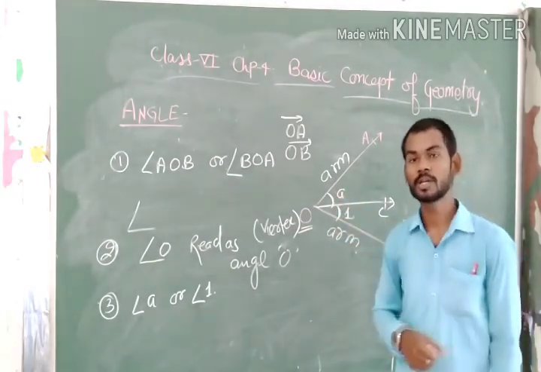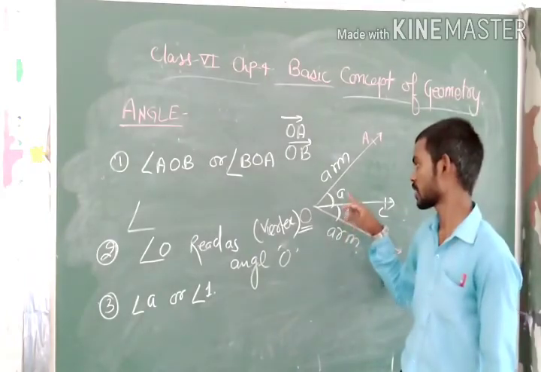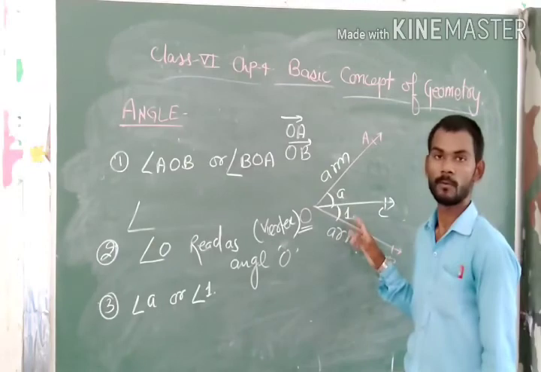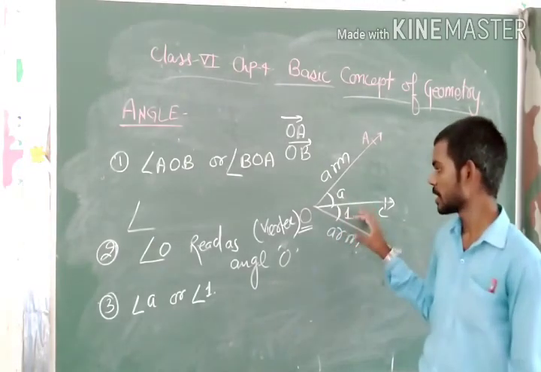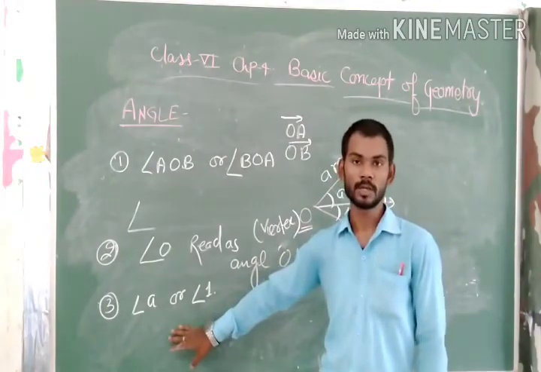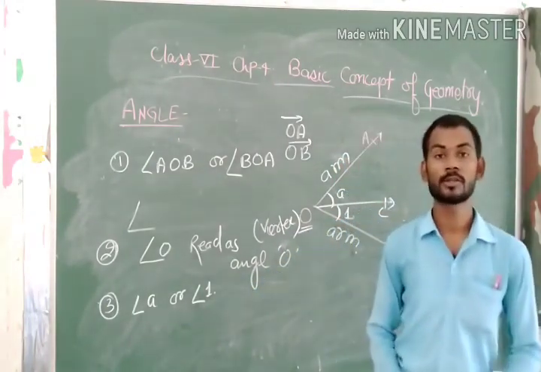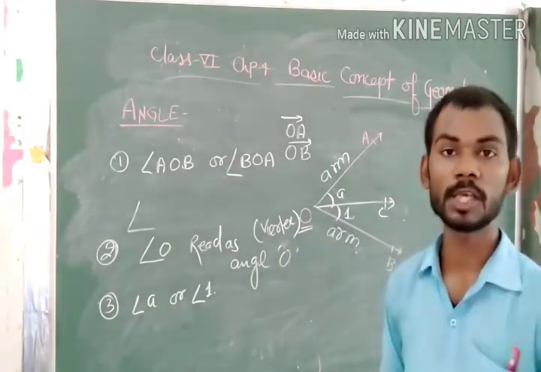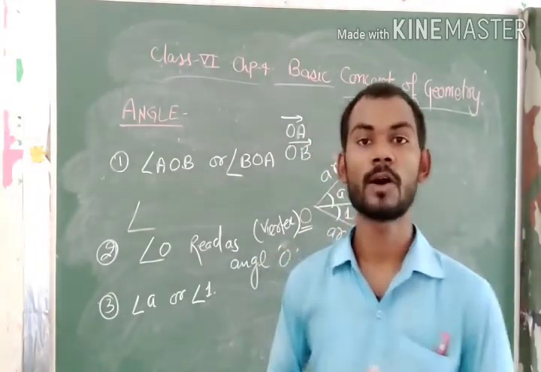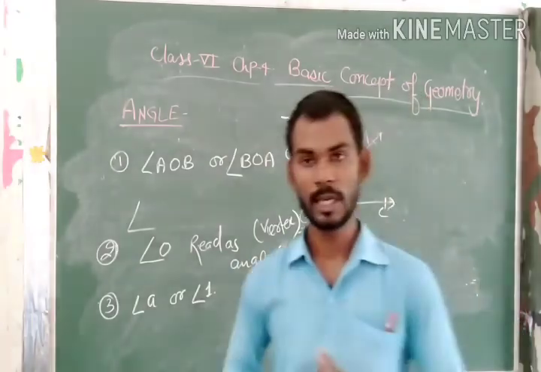I give the name of the first angle as angle A and the second one as angle 1. We give the name of such angles by this symbol. So the third rule is useful to name the various types of angles formed by concurrent lines.